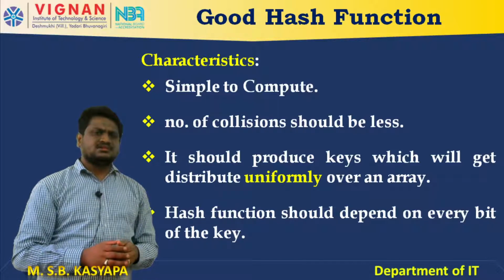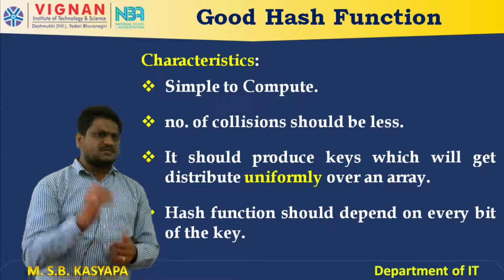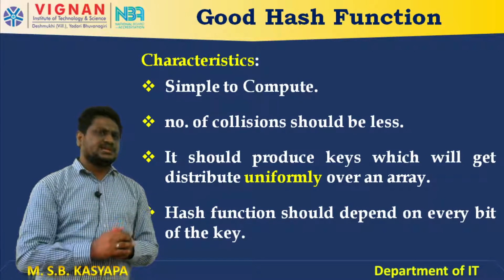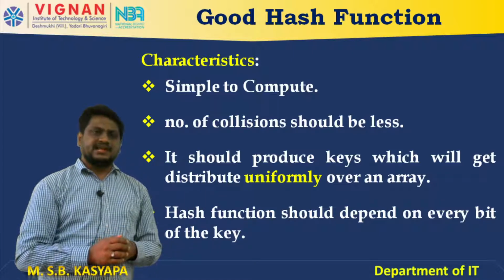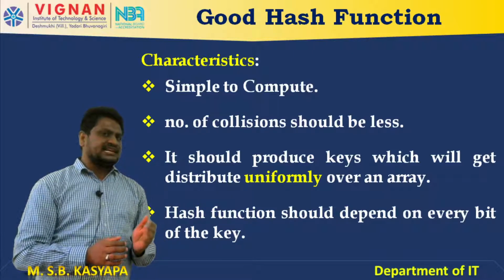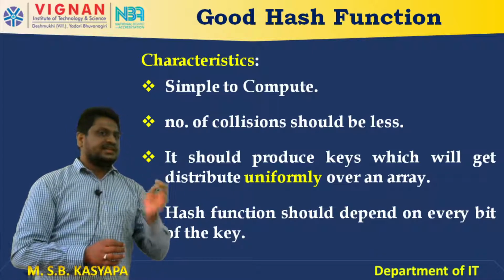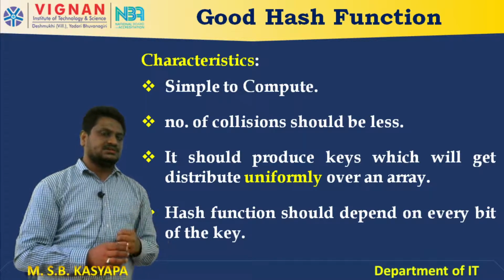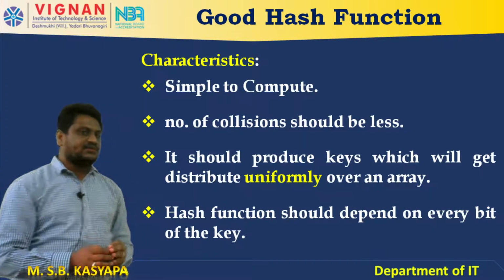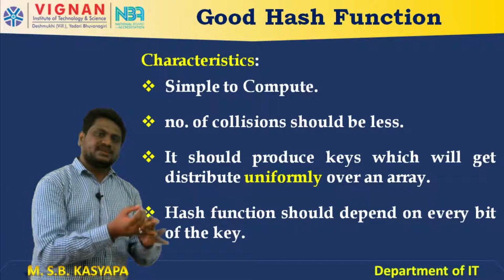Collisions should be less. The best preferable is no collisions. The number of collisions should be less means, as we saw in the previous slide, if I want to insert 95 and 15 in the hash table, the remainder comes as 5, so a collision occurs. Let us imagine if I want to insert 15, 25, 35, 45, 55, 65, 75.